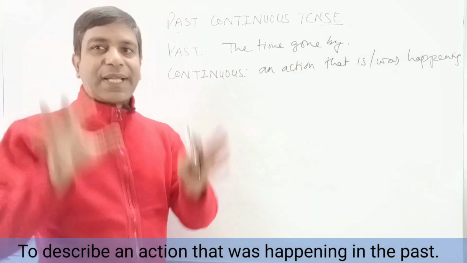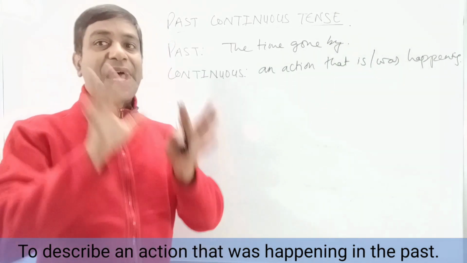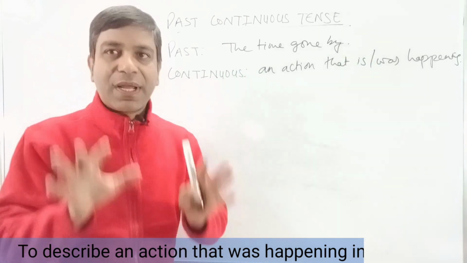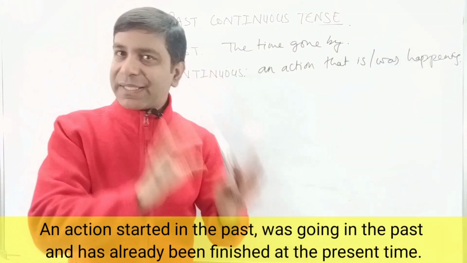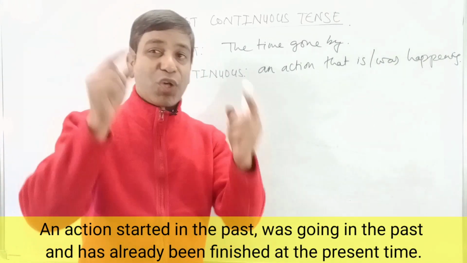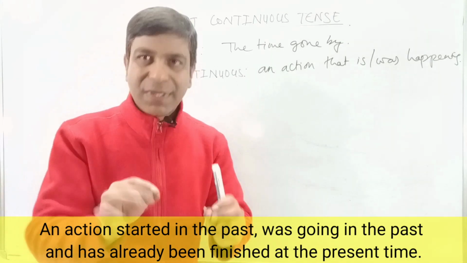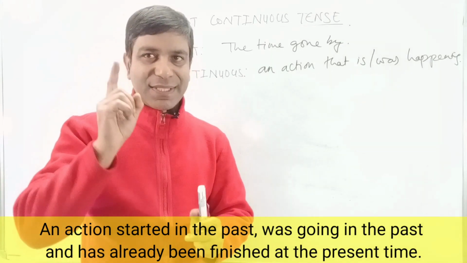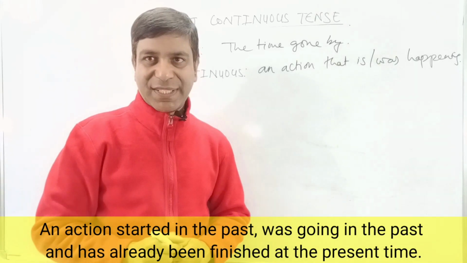The action that started in the past and was going on in the past and has already been finished at the present time is past continuous tense. Now let us look at the structure of past continuous tense.